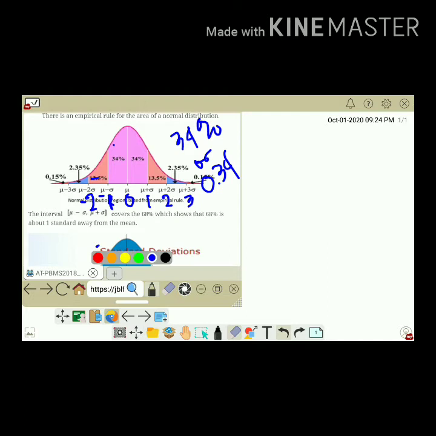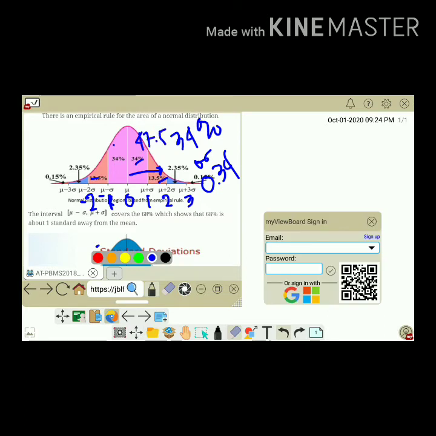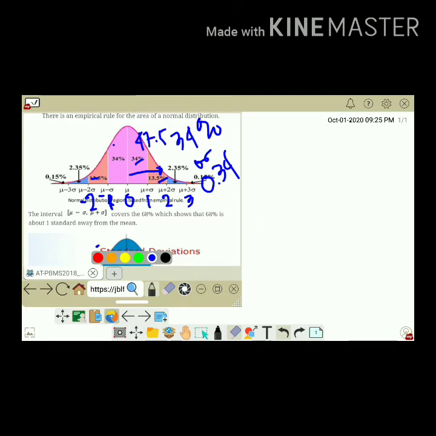How about 0 to -2? What is the area? Simple. That's going to be 34 plus 13.5 here, that is 47.5. Also here, from 0 to -2, that is still 47.5. Okay, so that is what we mean here below.